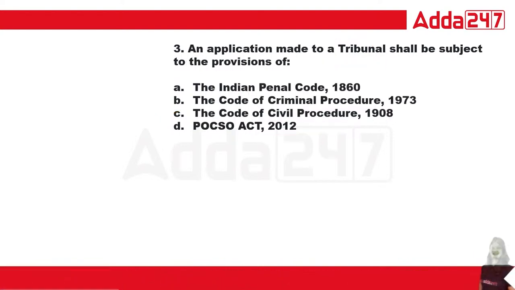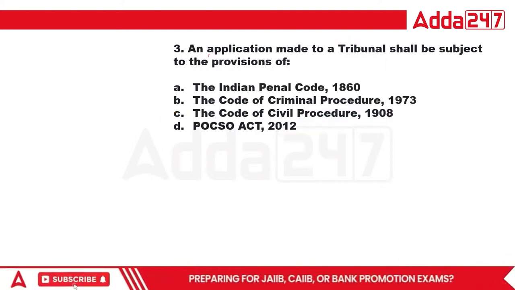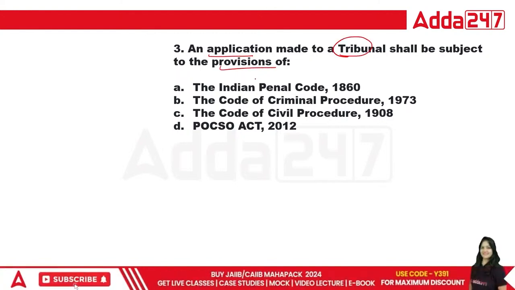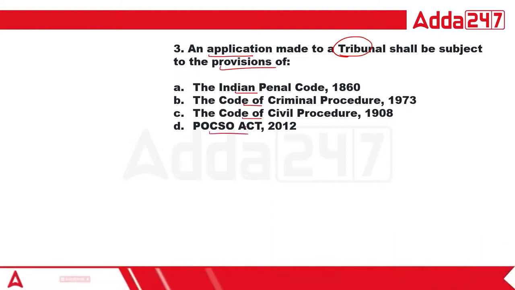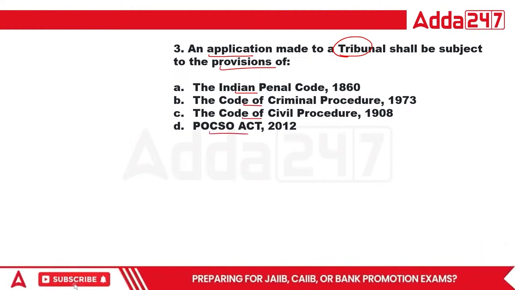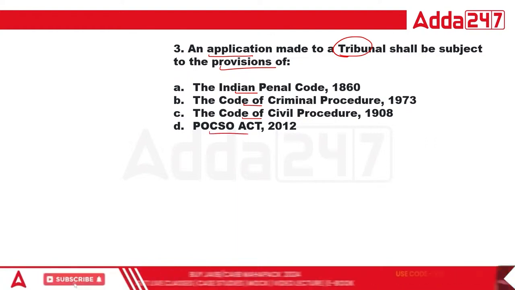Okay? Next. The application made to tribunal shall be subject to the provision of IPC, CRPC, Criminal Procedure Code, POCSO. First of all, we have to understand what exactly this means.